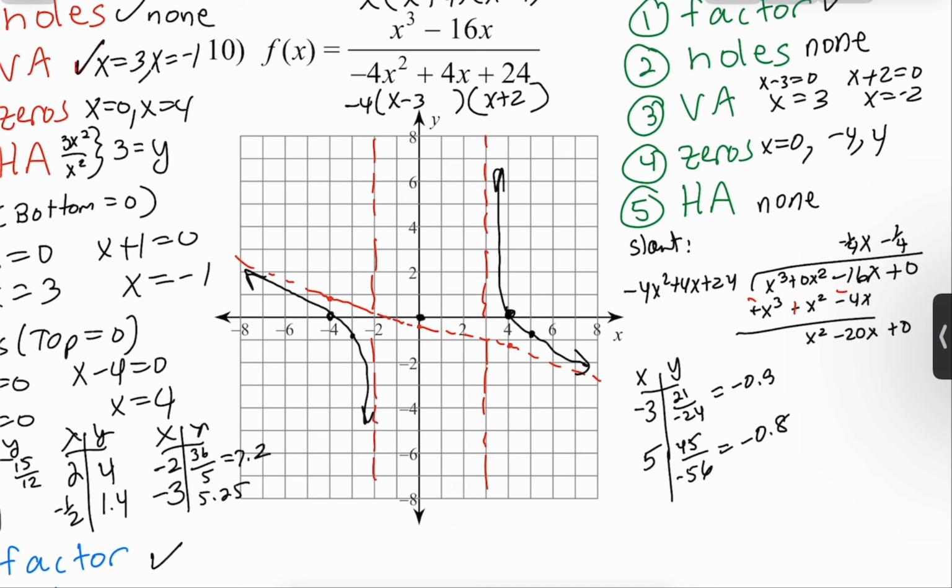Okay. So let's plug in -1 and +1. If I plug in -1, I get 15 in my numerator and 16 in my denominator.